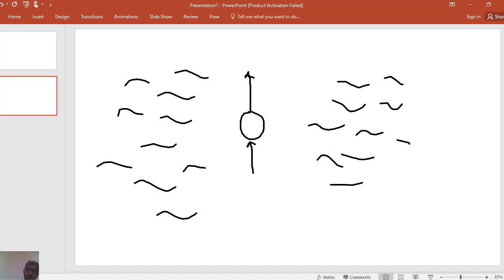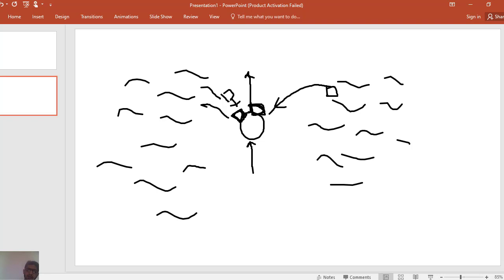According to this theory, the fluid element will come to the surface from the bulk. This is the fluid element coming to the surface of the bubble. It will attach to the surface of this bubble.